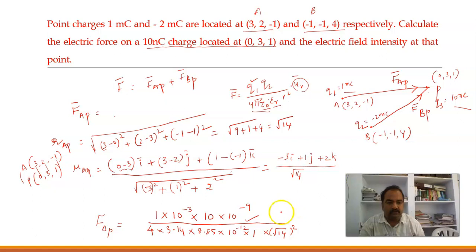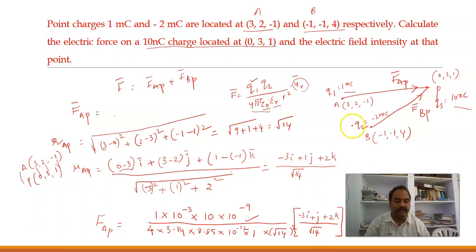into unit vector. So what is the unit vector here? Minus 3i plus j plus 2k by root 15. Sorry, root 14. So this is FAP. Now if we solve this one particularly, what we will get?